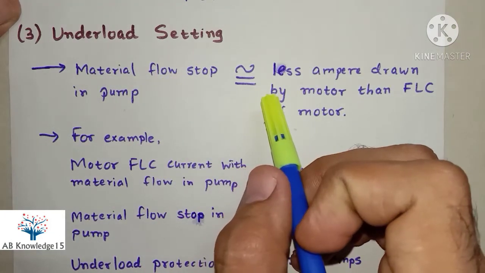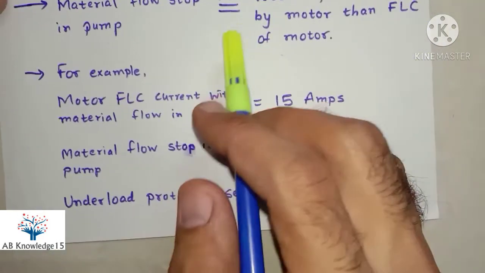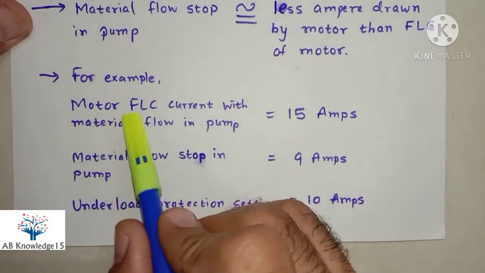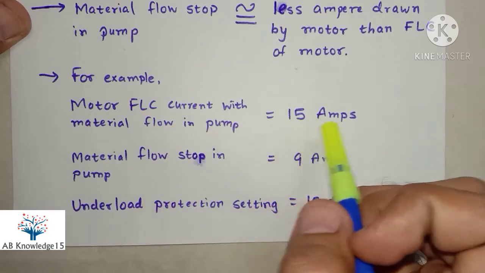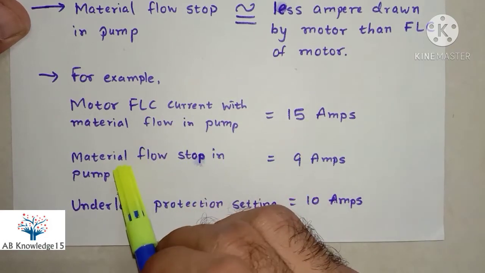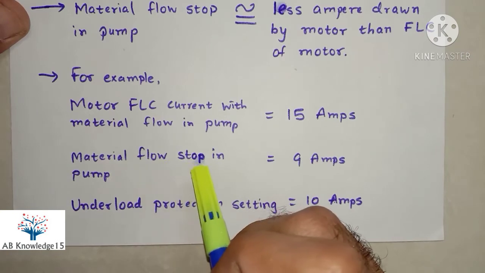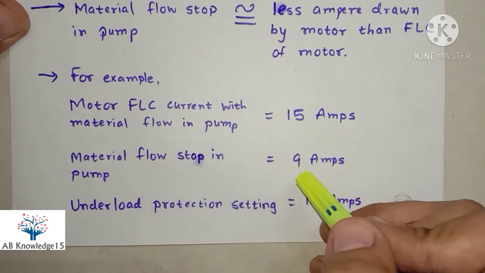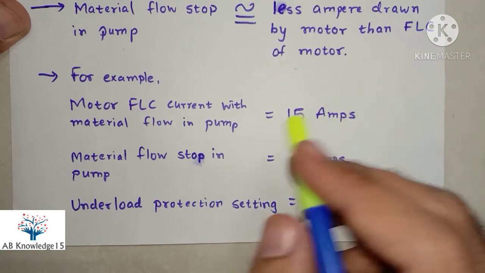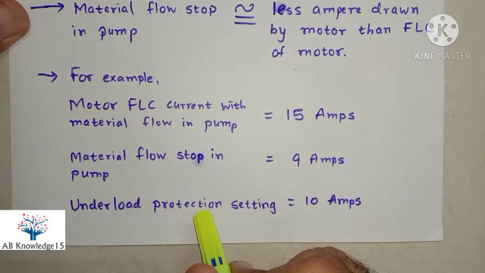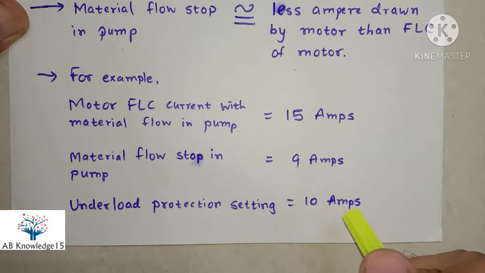For example, the motor full load current with the material flow in the pump is 15 amps. Then if the material flow is stopped in the pump, it will take, for example, 9 amperes. So the underload protection setting will be 10 amperes.